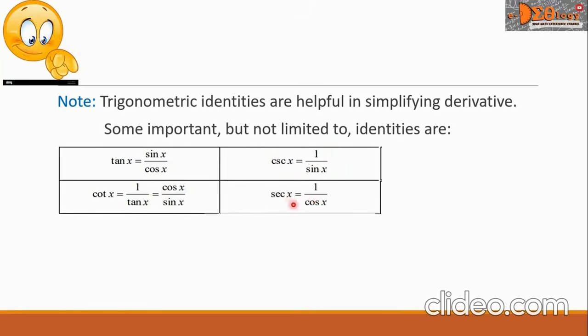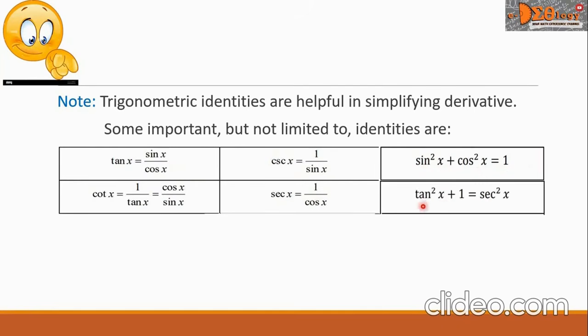Secant x equals 1 over cosine x. Sine square x plus cosine square x equals 1. This is one of the most popular identities. Tangent square x plus 1 equals secant square x. 1 plus cotangent square x equals cosecant square x.